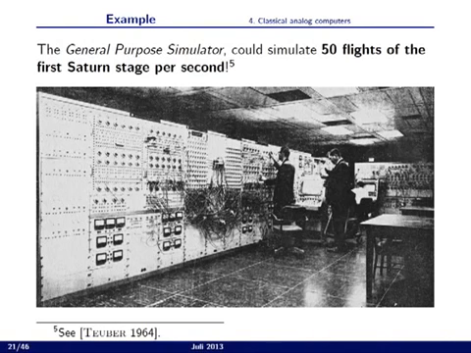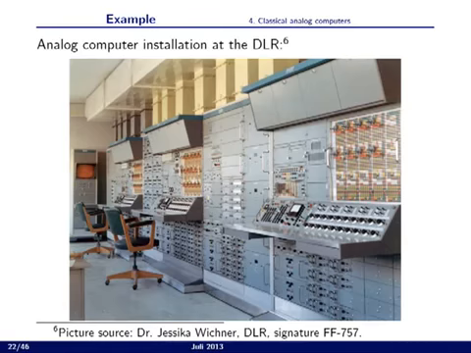So you could see on your oscilloscope the solution of the functions you were looking for in real time, and you could just twist the potentiometer and introduce some error terms or change the structural stability of your rocket, whatever you like, and see immediately the effect your changes have. That's another example, in this case, one from Germany, the Deutsche Forschungs- und Versuchsanstalt für Luft- und Raumfahrttechnik, DLR.